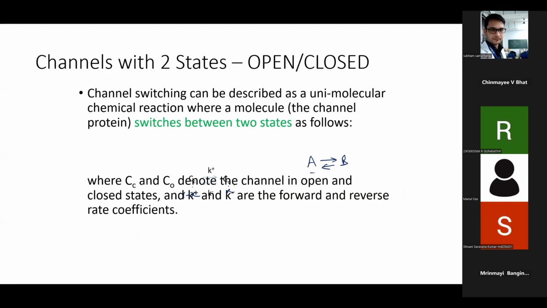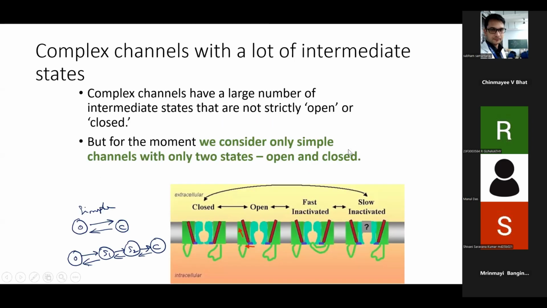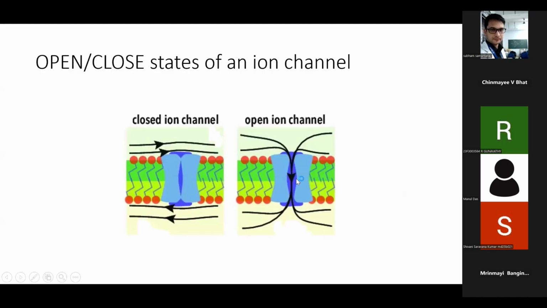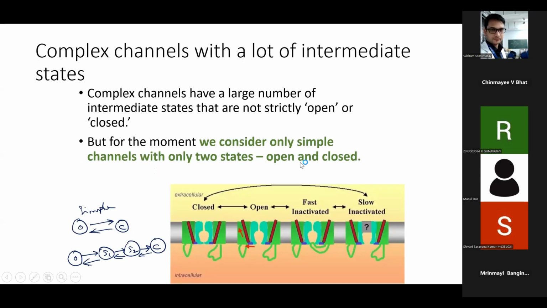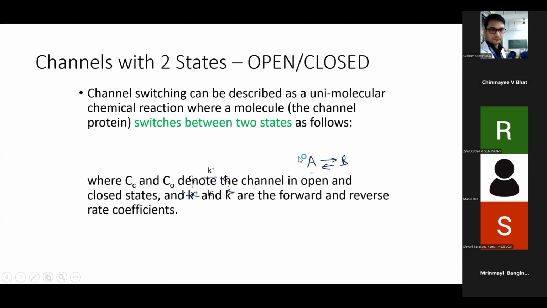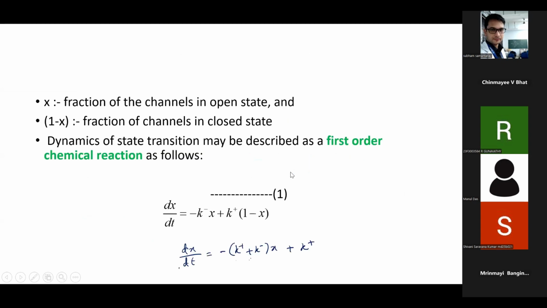So think of open channel as one molecule, a closed channel as another molecule, and this is going back and forth, right? And you can describe that as a chemical reaction, like A becomes B and B becomes A. And you can write it simply using your first order chemical reaction equation like this.